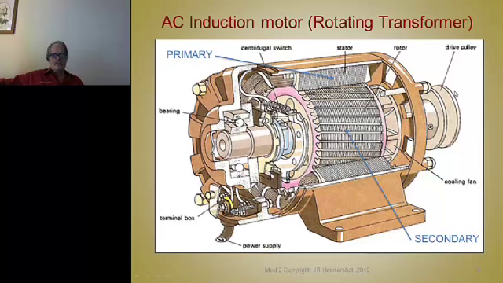Here's another very useful view, a cutaway of the induction machine. This happens to be a single-phase induction machine, which we don't use for inverter-driven applications. This is like a machine that might be used as a washing machine in your house. Here you see the rotor, die-cast with copper or aluminum conductors down these bars. This is a cooling fan, and this is your stator with 2 phase windings in it.